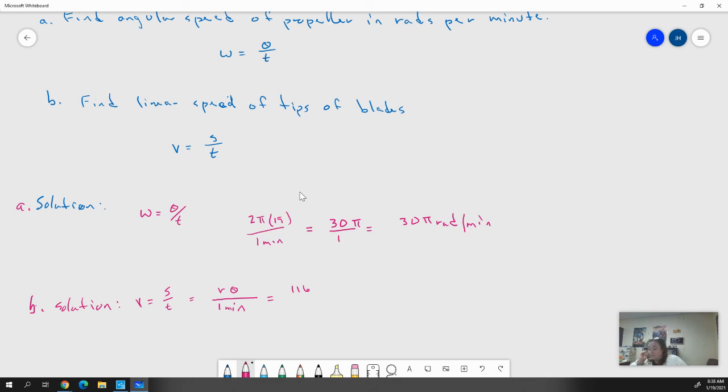What is our theta? Yeah, 2 pi times 15. So we already know, we solved it up here, is 30 pi, right? If we're dividing it by 1 minute, the 1 minute hardly counts, right? What is this? I don't know. I didn't solve it out yet.